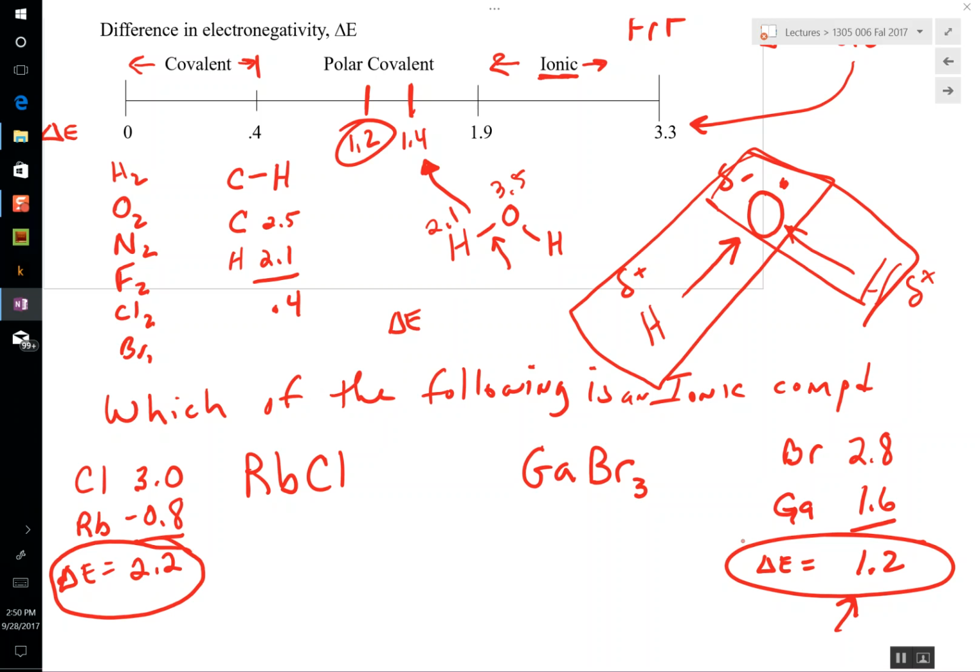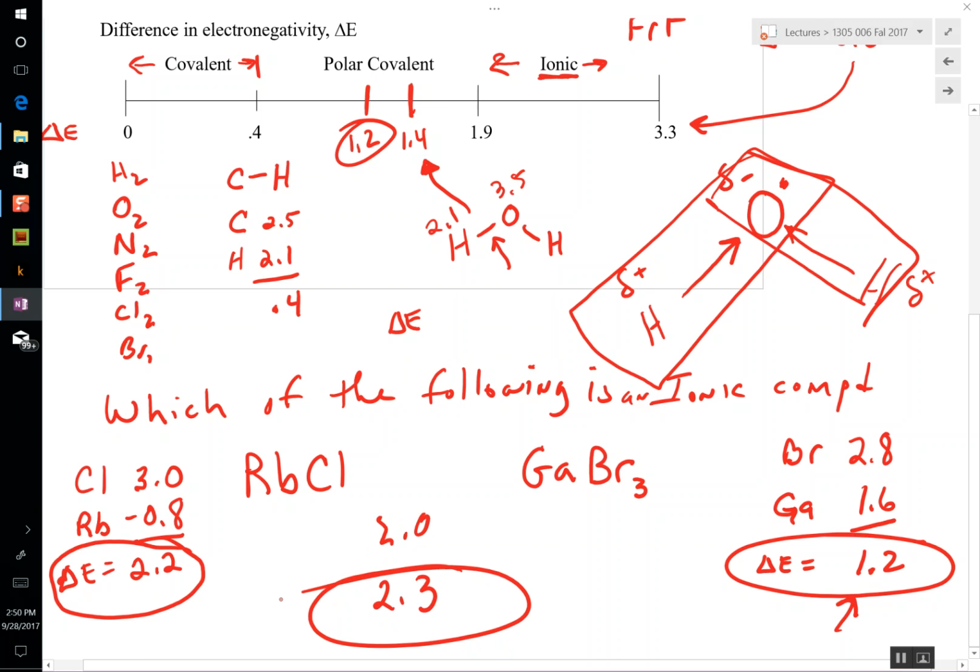Even if one came up at 2.0 and another at 2.3, the 2.3 is more ionic in nature than the 2.0. The greater the electronegativity difference, the greater the ionic character in that bonding and that compound.